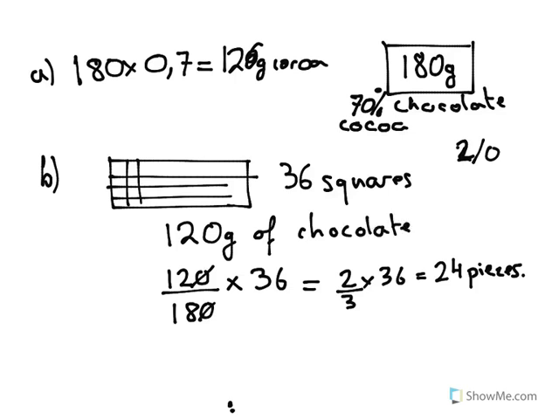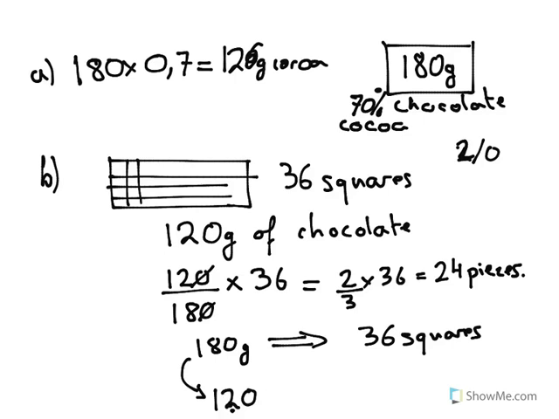Another way of doing it is thinking that 180 grams is equivalent to 36 squares. I want to know how I can go from 180 to 120. And I can do that by taking 120 divided by 180.